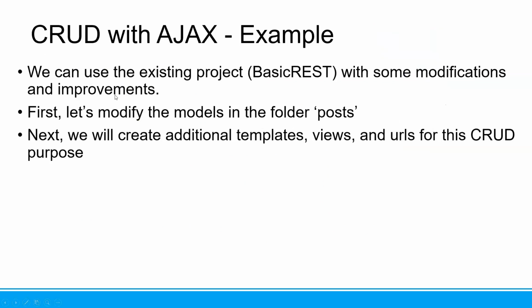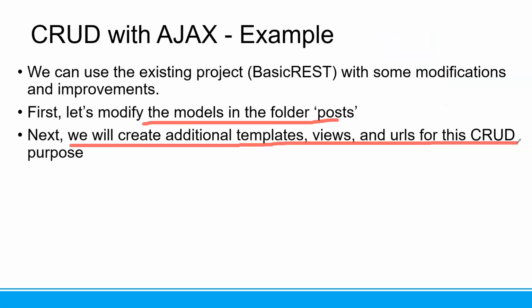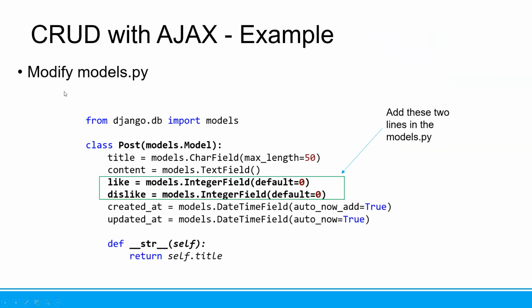So first, let's modify the models in the folder post. And next, we will create additional templates, views, and URL for this purpose. In the models.py, let's make another two attributes, like and dislike.